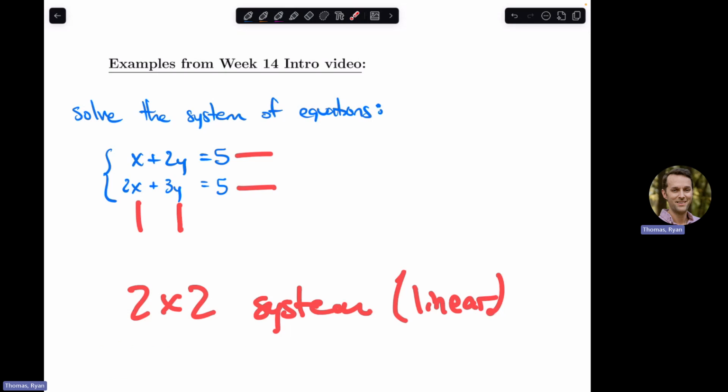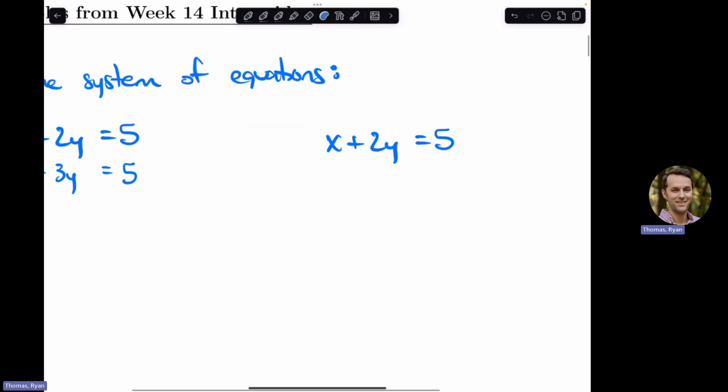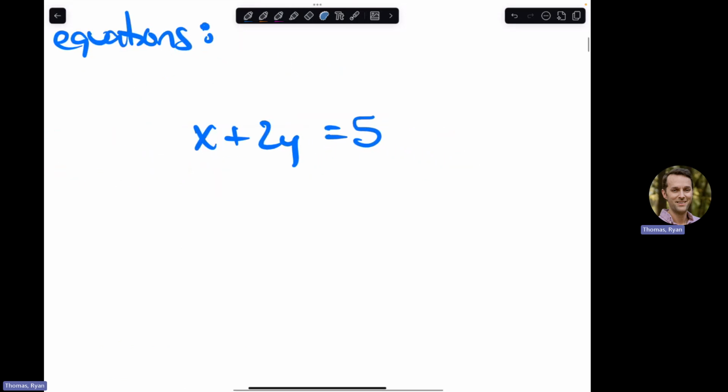But the thing that distinguishes a system of equations from a single equation is, think about taking one of these by itself. We can move things around and rearrange this if we want. For example, I could solve it for y if I subtract x from both sides, and then divide by 2.